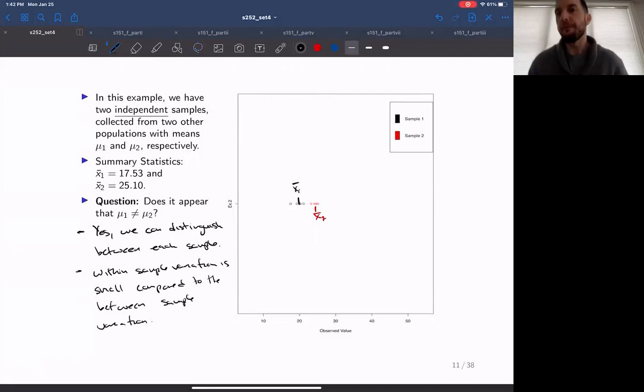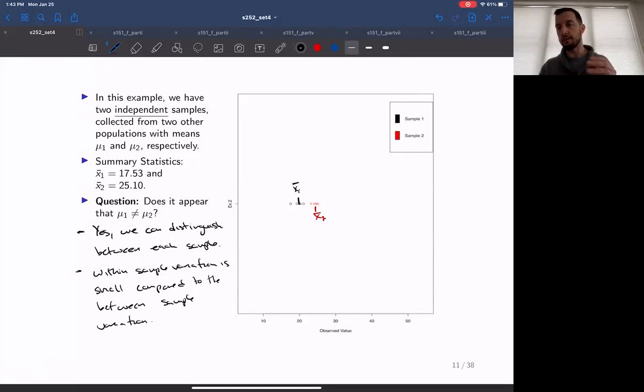So the fundamental idea behind the analysis of variance is that we want to compare two kinds of variation, what we call within sample variation and what we call between sample variation. So given an entire experiment, we calculate these two types of variance, and then we compare them to each other.